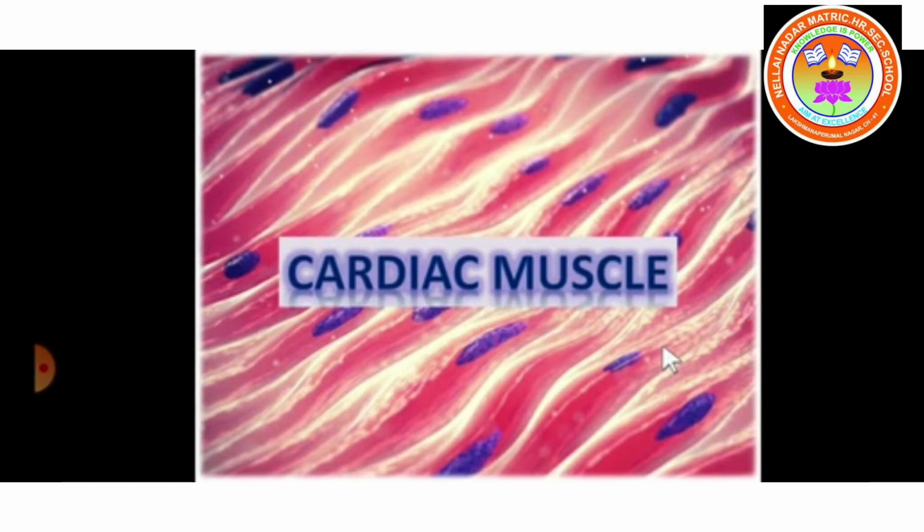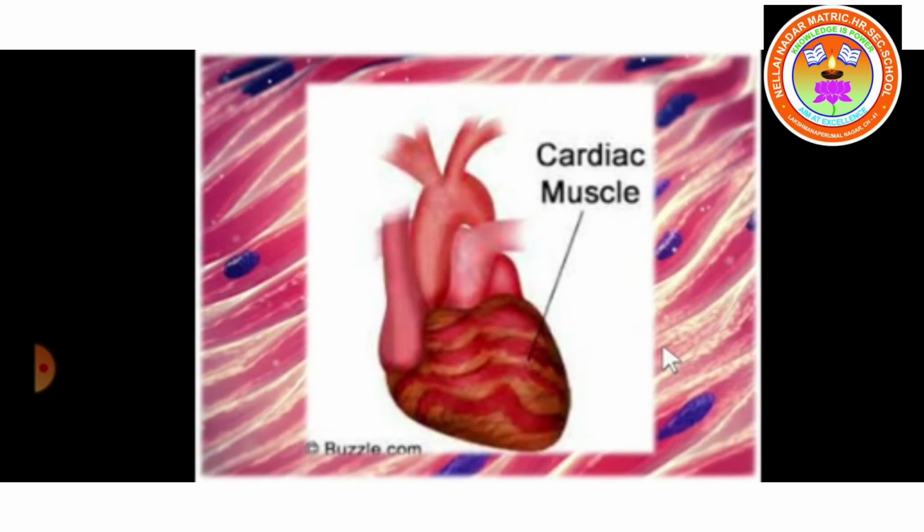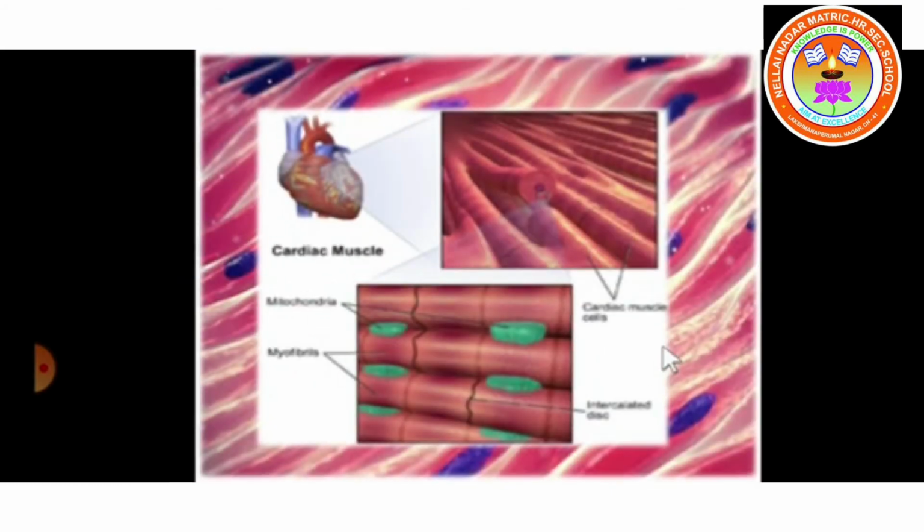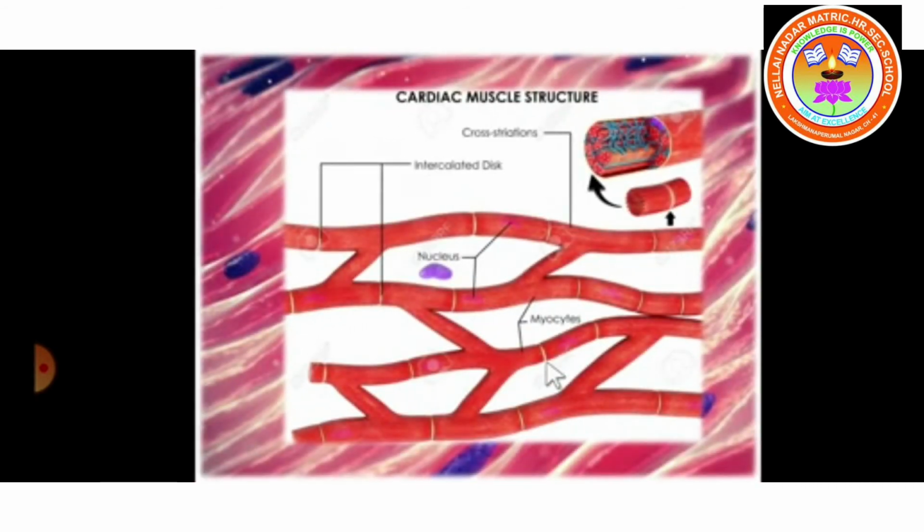Now let us see about the cardiac muscles. It is a special contractile tissue present in the heart. The muscle fibers are cylindrical, branched and uninucleate in structure. These branches join to form a network called the intercalated disc.